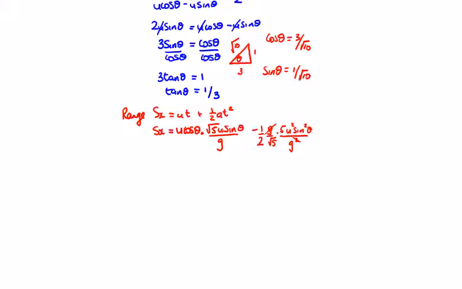So we have u by the cos of theta, which is 3 over root 10, by root 5, u again, so it's u squared, by sine theta, which is 1 over root 10, and that's over g as well, so the g stays there, minus 1 over 2, so I have the u squared, and I have 5 by sine squared theta, which is 1 over 10, with the g on the bottom and the root 5 on the bottom as well.